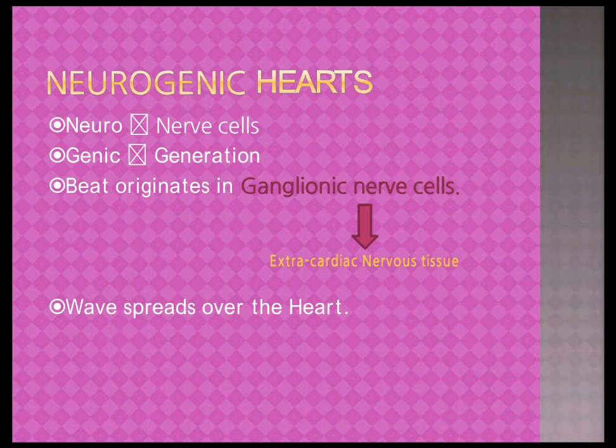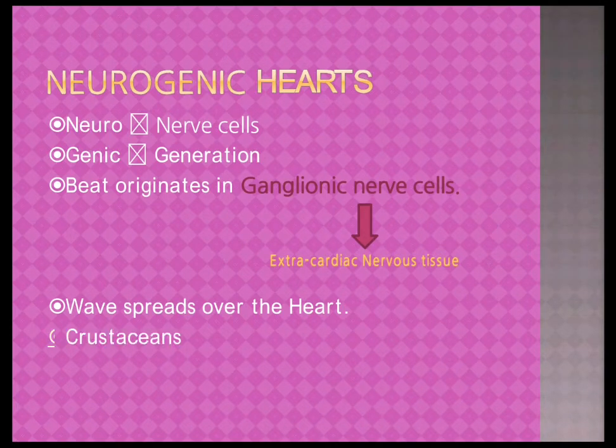In the coming slides, we'll see how the wave spreads on the heart. And why I'm taking this particular point is that these hearts are quite long in the bodies of the invertebrates. So that's why a wave is needed to make a particular directional movement of the blood.